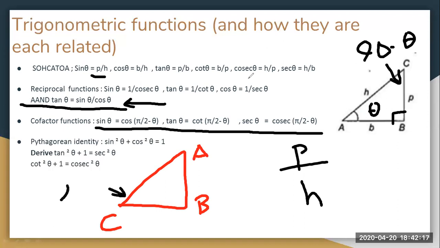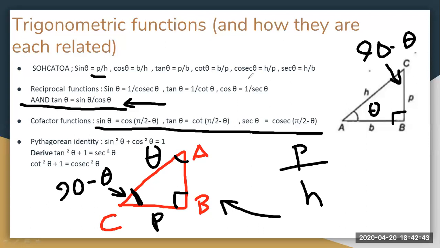Okay, so this is 90 minus theta, and this was theta, and this was 90 degrees. Now in terms of this triangle, tell me what is cosine 90 minus theta? Sine theta. Okay, I'm going to label it as well. BC was P, AB is B, and AC was H. It looks a bit messy here, but I hope you follow me.